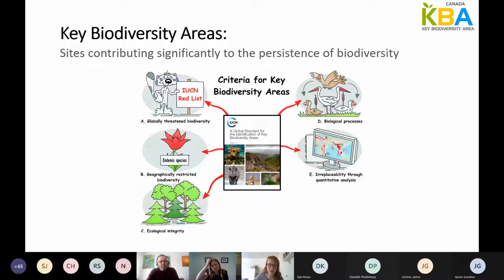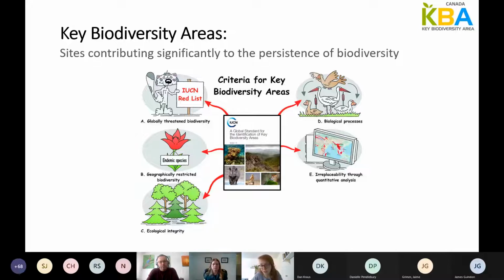The first criterion, A, captures globally threatened species and ecosystems, such as species that are red listed. The second criterion, B, is for geographically restricted species and ecosystems, for example, endemics. The third criterion captures sites with high ecological integrity, so you can think of those as having a low human footprint and having changed very little over time.